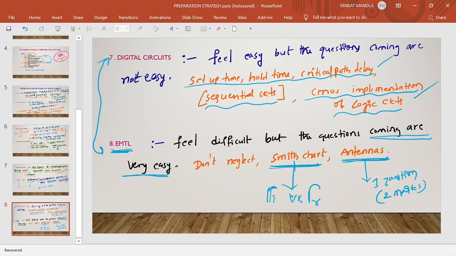Okay? So then we will neglect. So don't neglect. That is my suggestion. Okay, on these two topics. So every time we are getting questions means we cannot neglect, man. So these are the suggestions that I can give you.